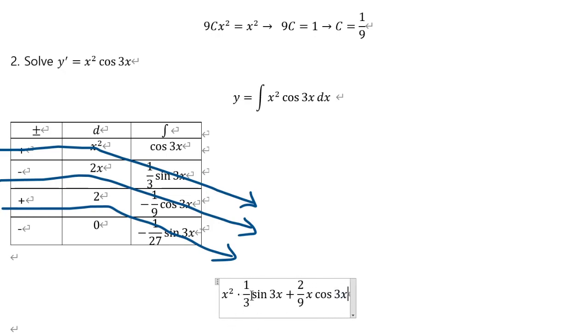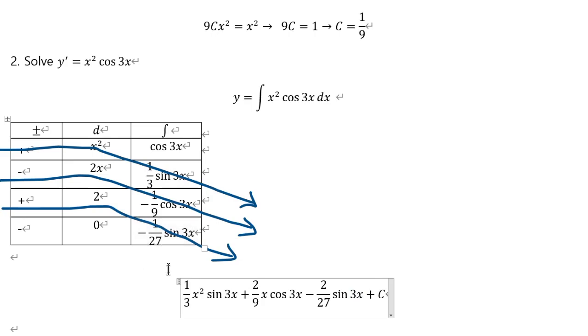Let's move the 1/3 in front. That's better. So I'll put 1/3 in front and put the sine 3x here. And then the last one is positive times negative, so it's negative, and you have negative 2 over 27. And then it's just sine 3x, and then plus c. So that's the result of this integral.